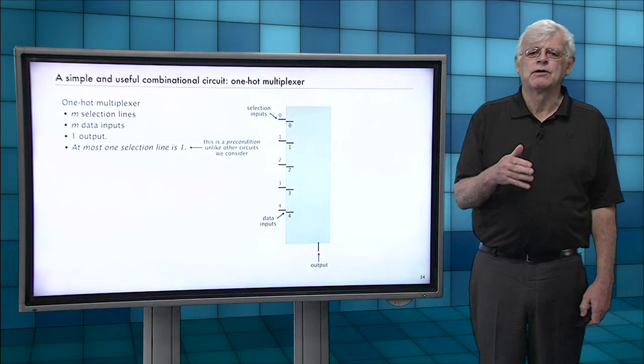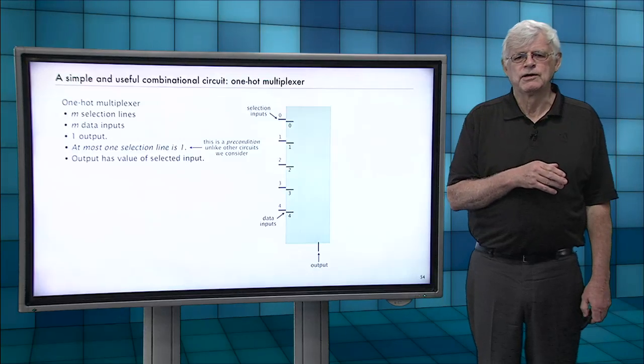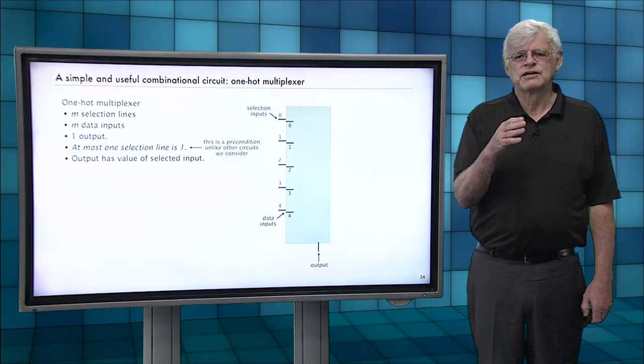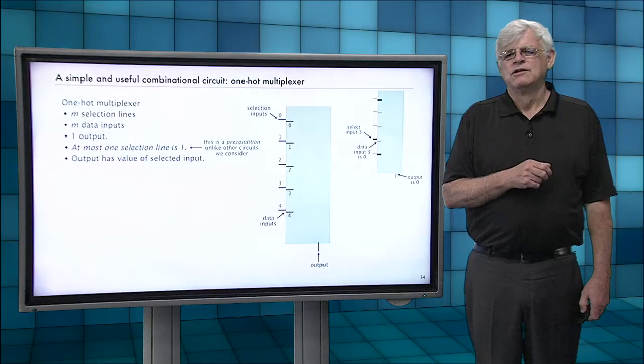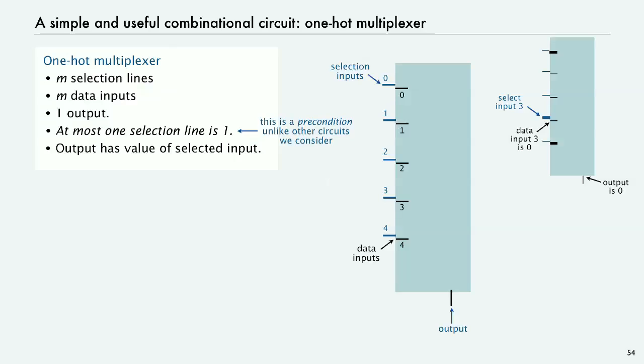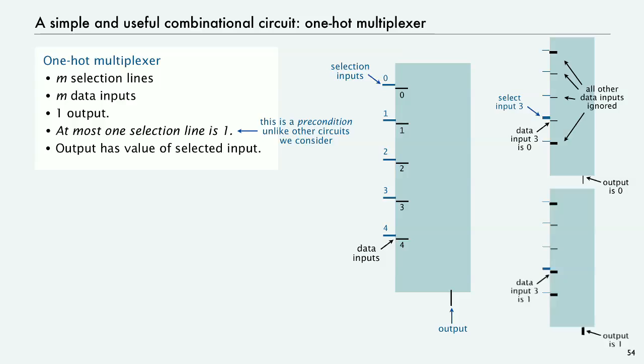Either they're all 0 or exactly one of them is 1. The function of the circuit is to just give the output the value of the selected input. So for example, in this case, select input 3 is on. Data input 3 is 0, so the output is going to be 0. All the other data inputs are just ignored. If data input 3 is 1, then the output will be 1.